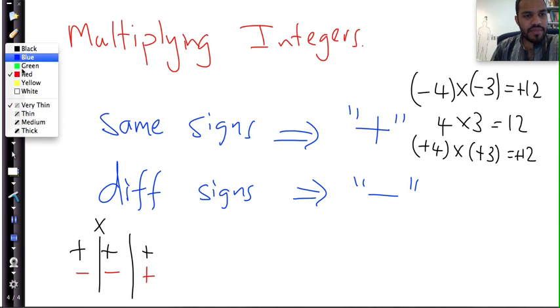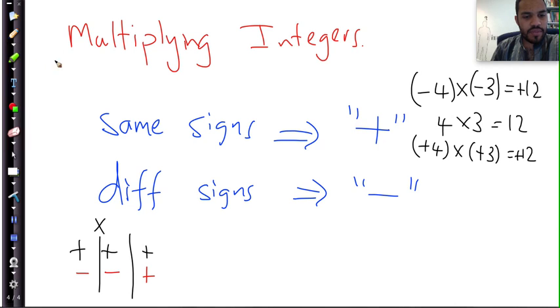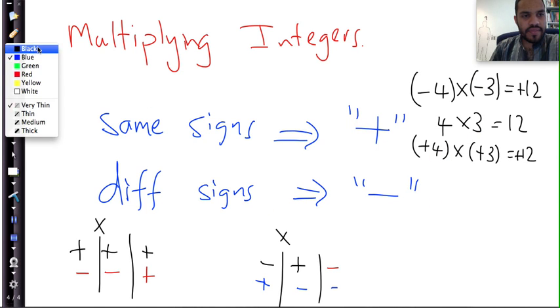And when I multiply different signs, for example a negative and a positive, then my result is going to be negative. And if I multiply a positive and a negative, it's still going to be negative because the order here does not matter.